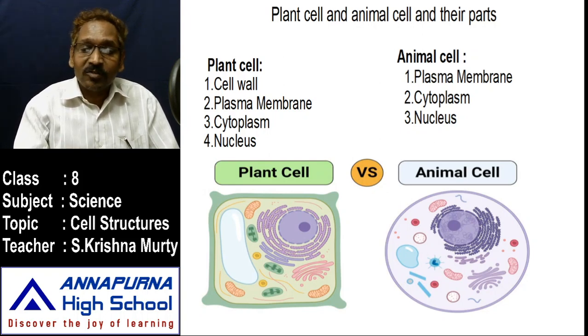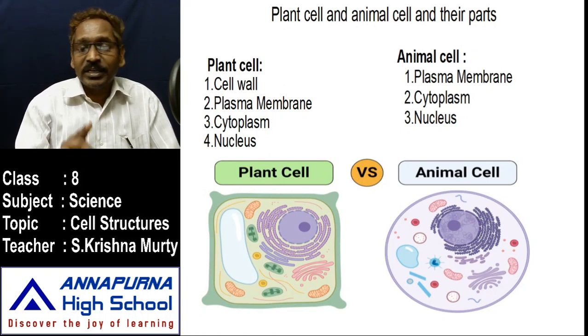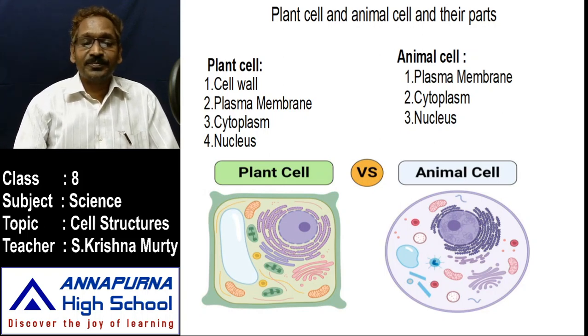So sending material out of the cell and absorption of material from the outside, these two functions should be carried out by the plasma membrane. So what is the importance of the plasma membrane? You have to remember it yourself. And beneath that, what is there? Beneath that, the cytoplasm is there. It is similar to the plant cell.